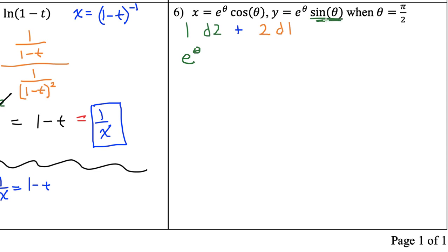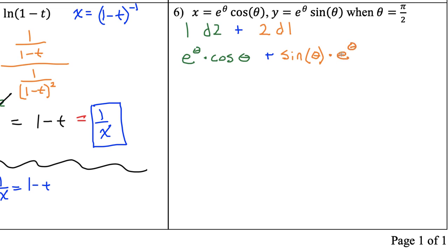D2, the derivative of sine is cosine. So times cosine of theta. Okay, good. Now I'm going to do plus. What is 2? 2 is sine of theta. And then that's going to be multiplied by the derivative of 1, so times the derivative of e to the theta. The derivative of e to the theta, as we all know, is e to the theta.